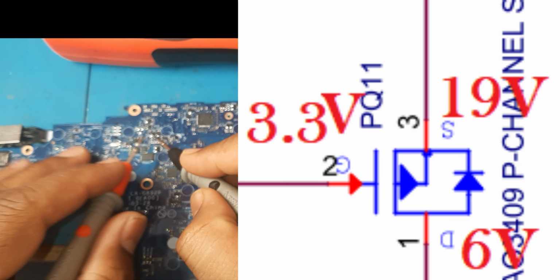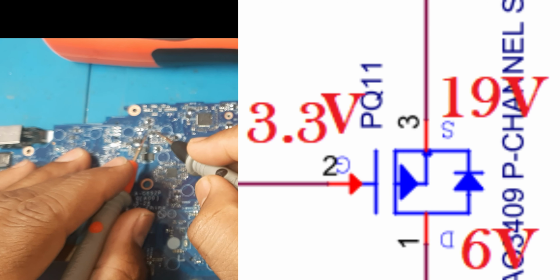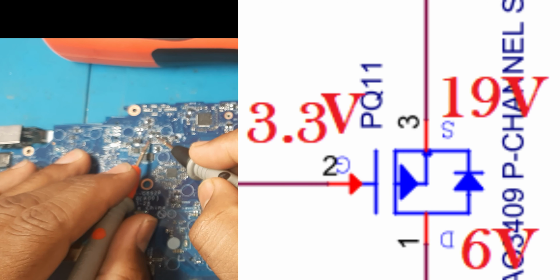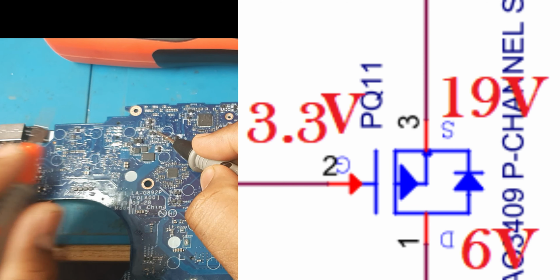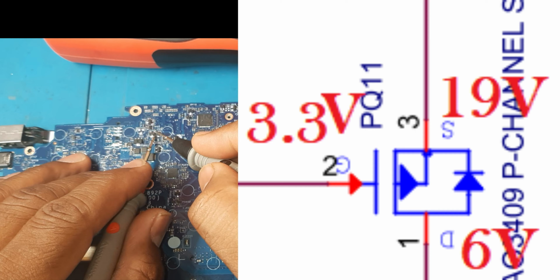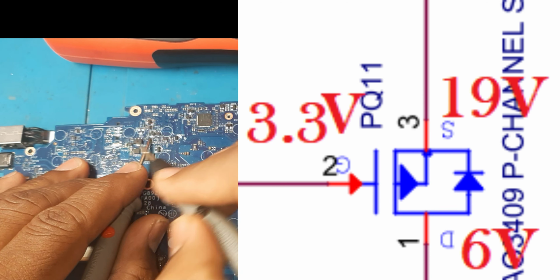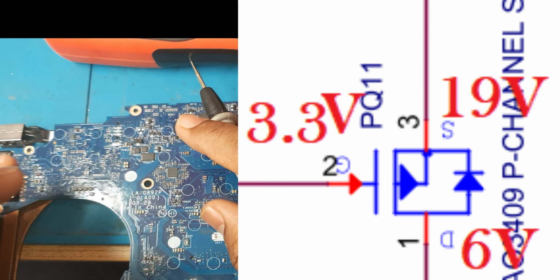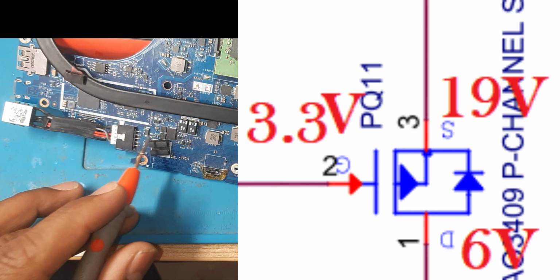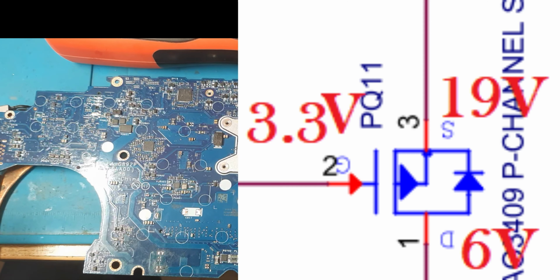It is connected to the PQ11 logic. Actually it's a P channel MOSFET. The main supply is connected to the source, and the gate is the logic which I told you, from that logic it will give the supply. So here the drain is connected to the gate of this particular MOSFET which I told you. Okay, that is the protection circuit logic.